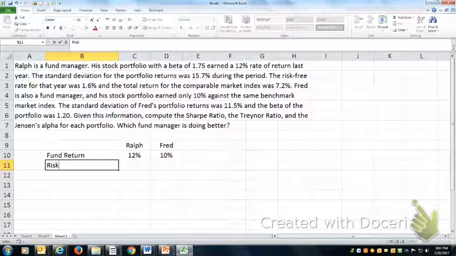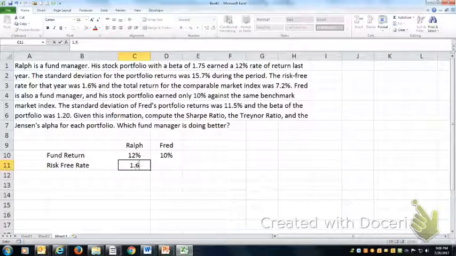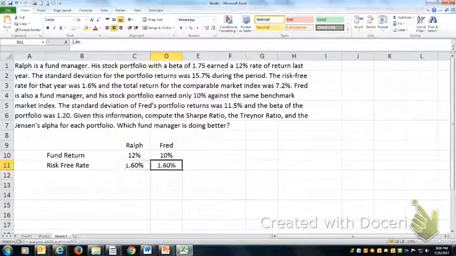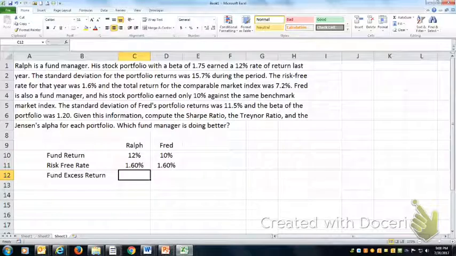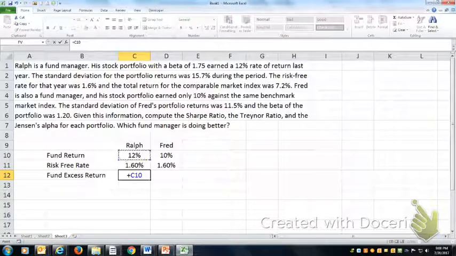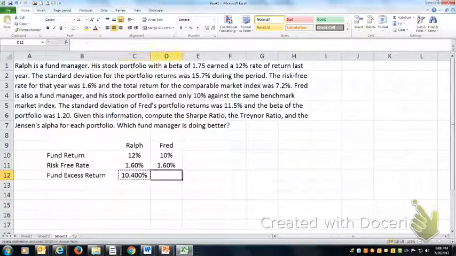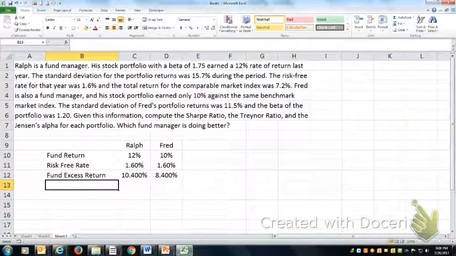The risk-free rate for the period was 1.6%, so the fund excess returns, the return over and above the risk-free rate, would be 10.4 for Ralph and 8.4 for Fred.